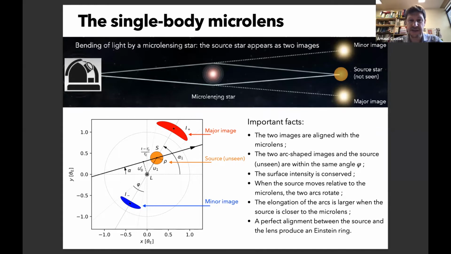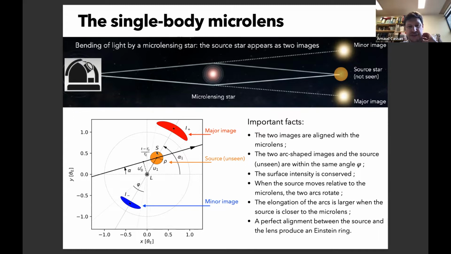And the microlensing star, which is isolated in this example, is here, and you see that it bends the light in this way. In this case, only two images are produced. The important thing to remember is that you have two images, shown here in red and blue. And the most important point is that these images are usually arc-shaped.